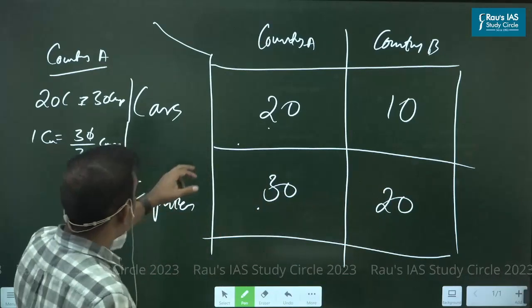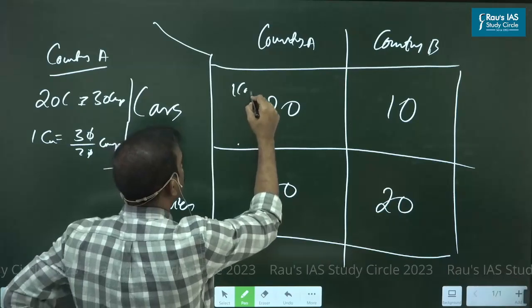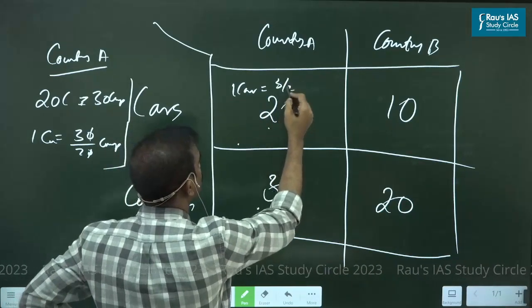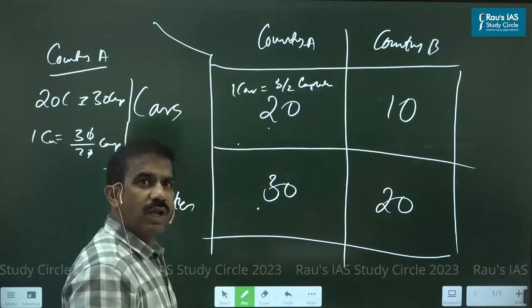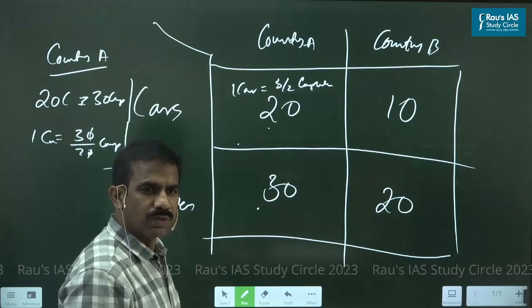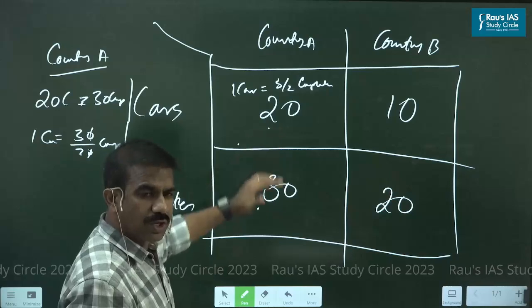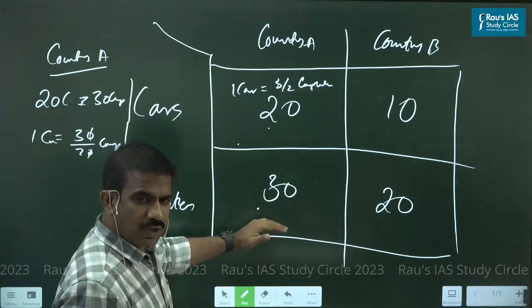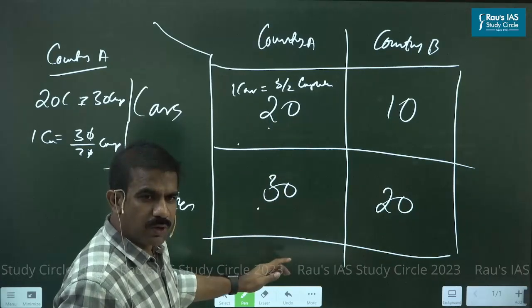So what is the opportunity cost of A for one car? For every one car, it has to forego 3 by 2 of a computer, isn't it? Do you accept it? Either I could produce 20 cars or 30 computers, so one car is 3 by 2 of a computer.